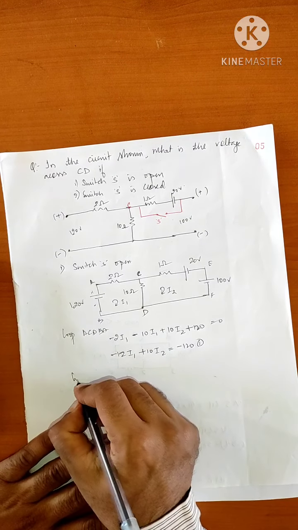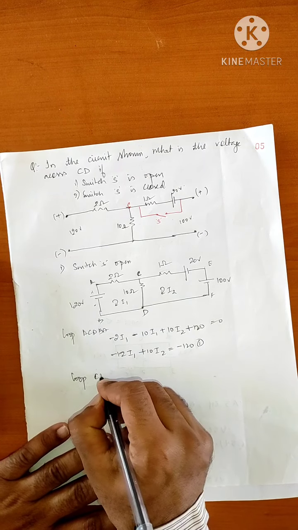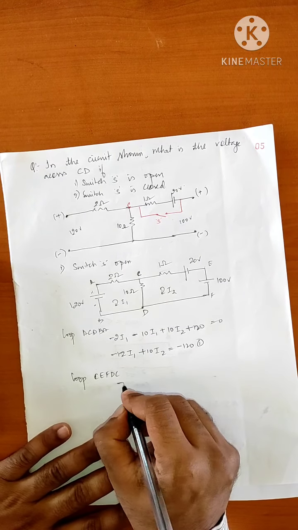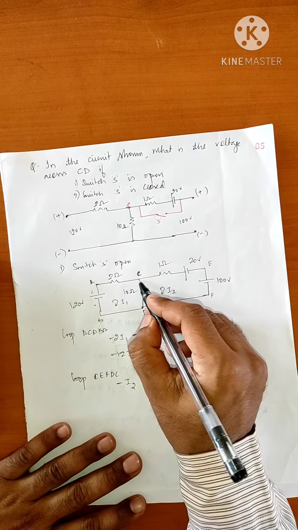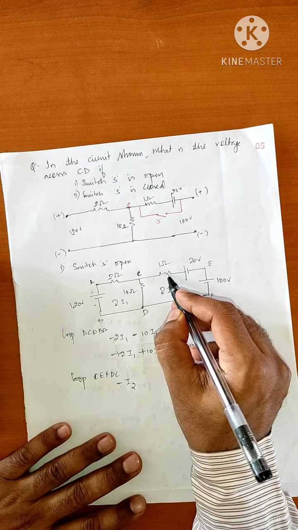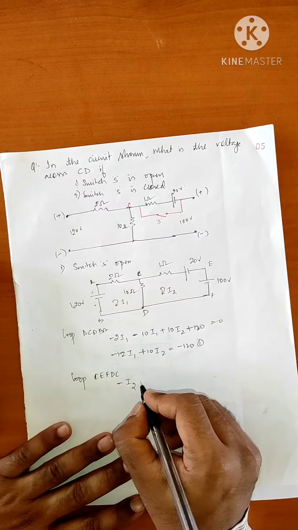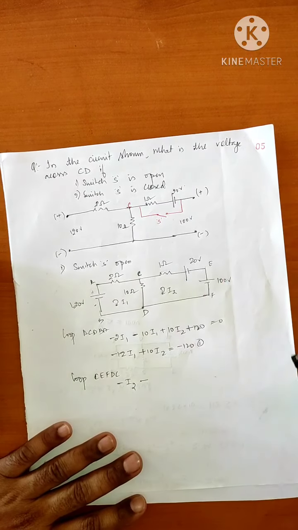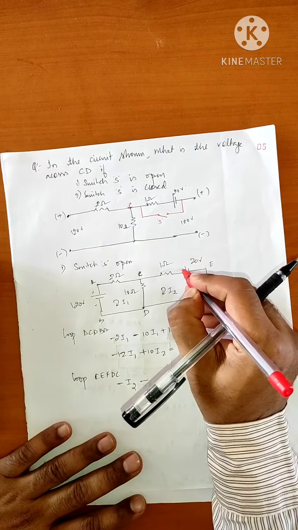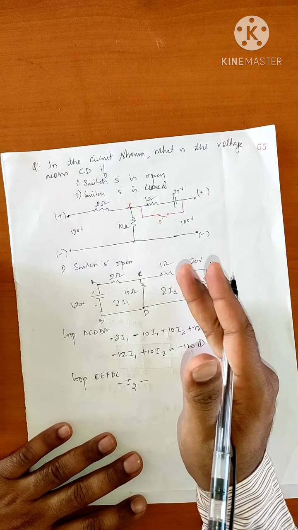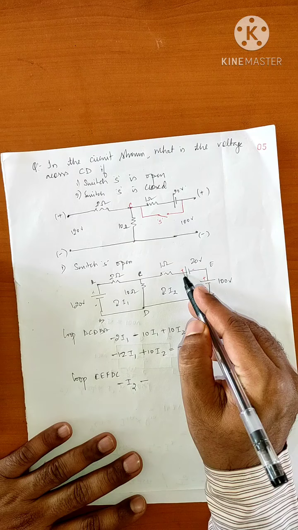Equation 2, loop CEFDC. I'm going to start from this point. So there is 1 ohm resistance, with current I2 flowing, not shared with anything. So minus I2. There is a drop as it is plus and minus, higher potential to lower potential.